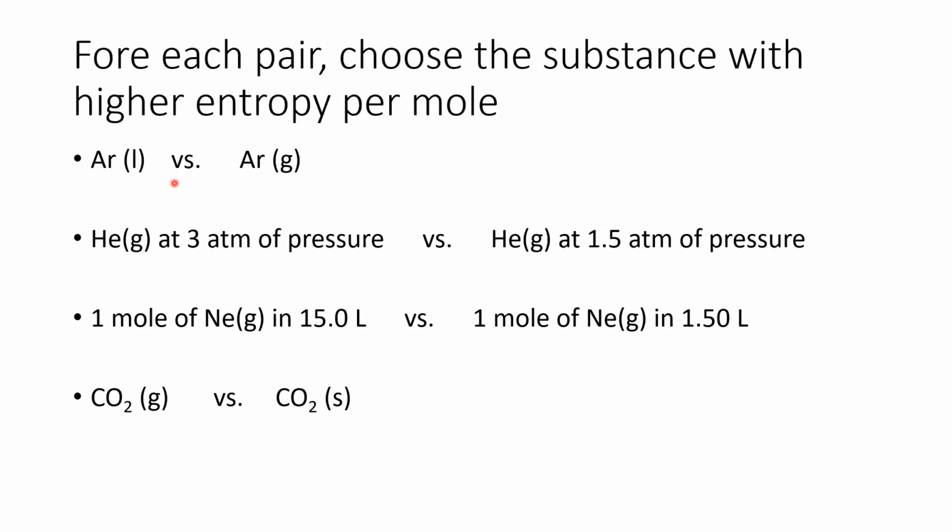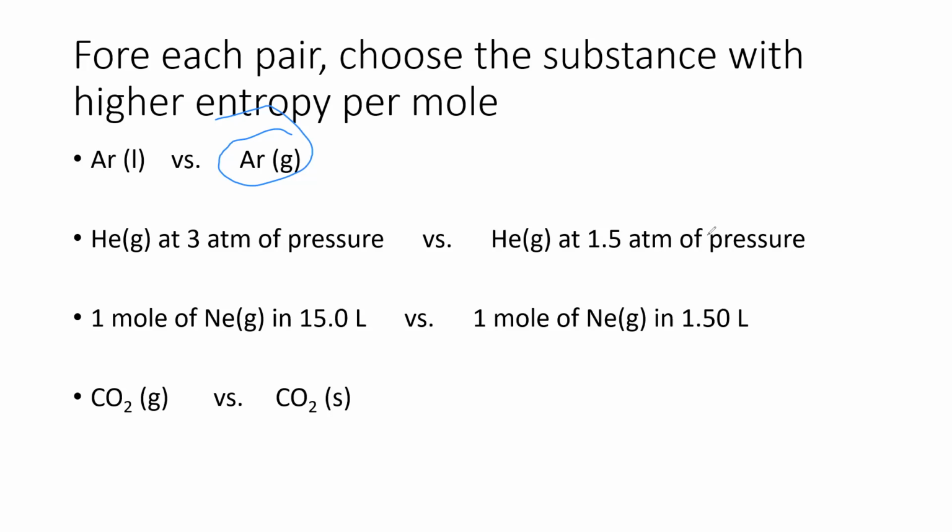And when we're looking at the gases versus the liquid, we're going to have much more disorder with the gas because those are going to be completely independent of one another. They're going to be moving around quicker. They're going to have a larger volume. So with the first one, we should have just the argon gas.